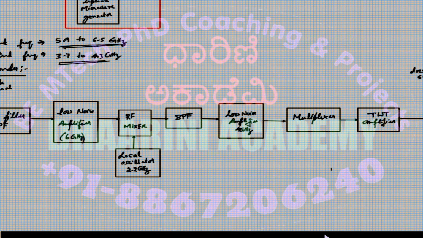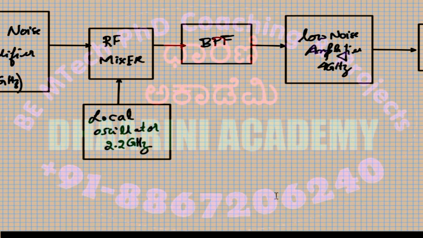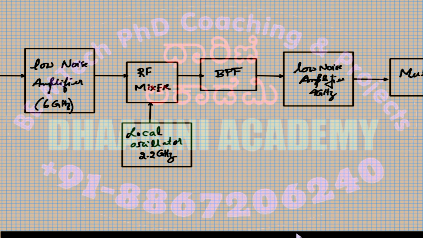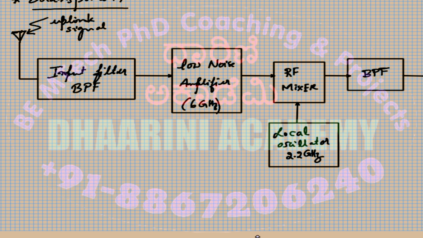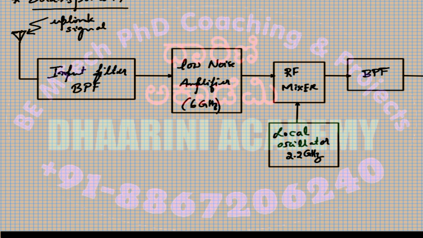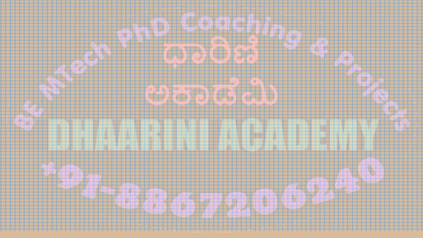Okay, now let's move further, and now we will consider the block diagram of the third part, which is the downlink station.